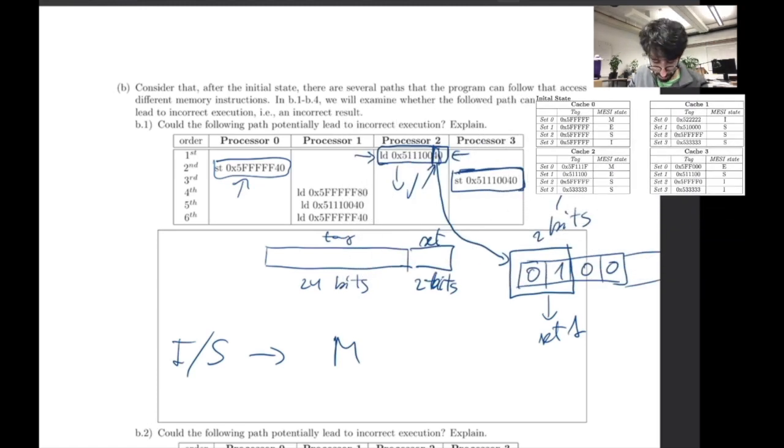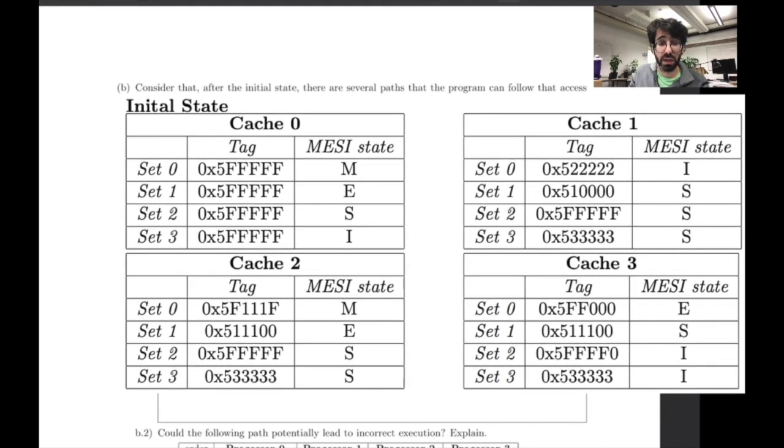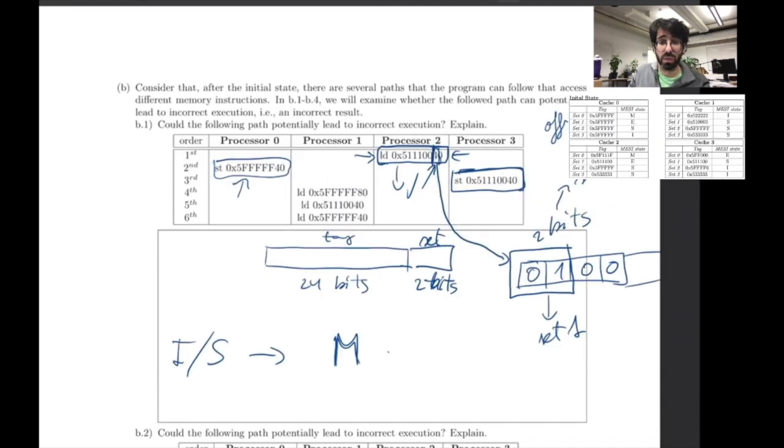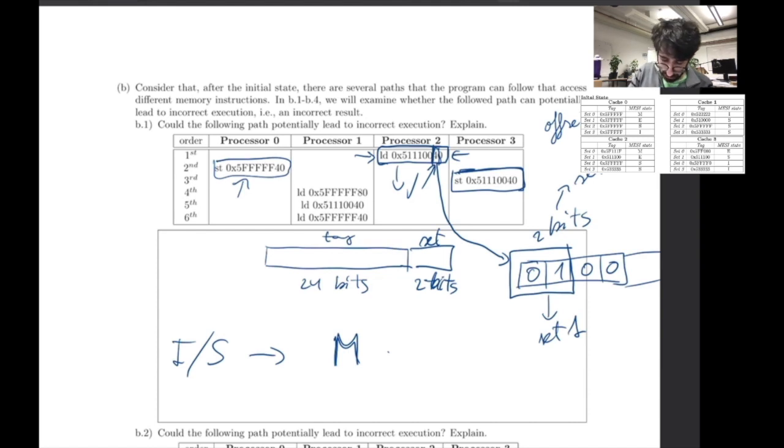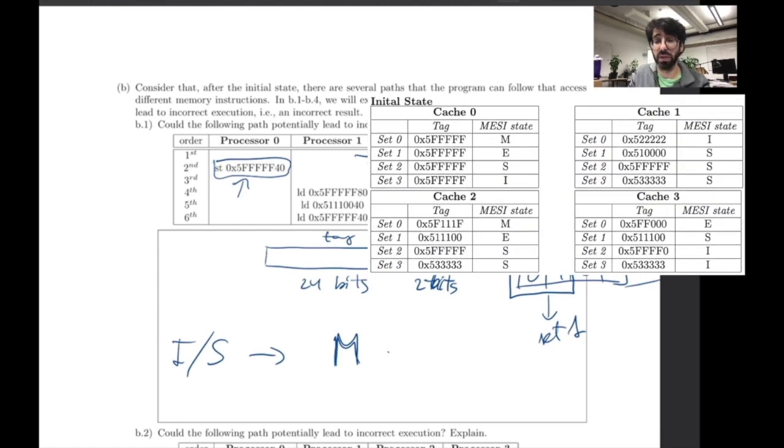And because we are writing, we also invalidate the other copies in cache 2. So there is no problem there, because we will be writing in cache 3, we will change the MESI state to modified, and we will invalidate other copies.